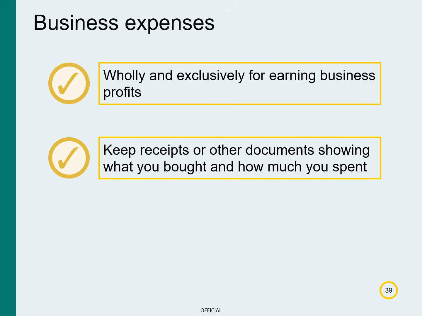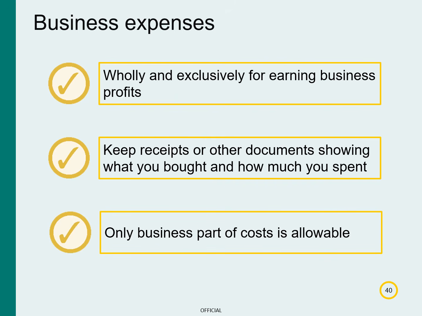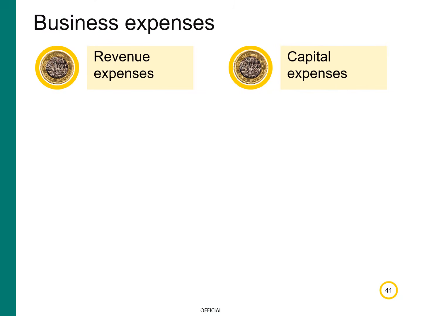You must keep a receipt or other document to show what you've bought and how much you paid for it. If you buy something that is used privately as well as in your business, only the business part of the cost is allowable. There are two types of expenses: revenue expenses and capital expenses.